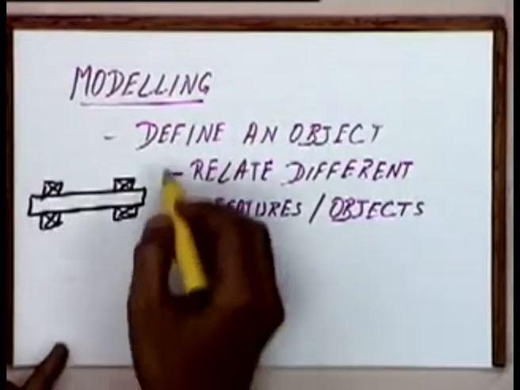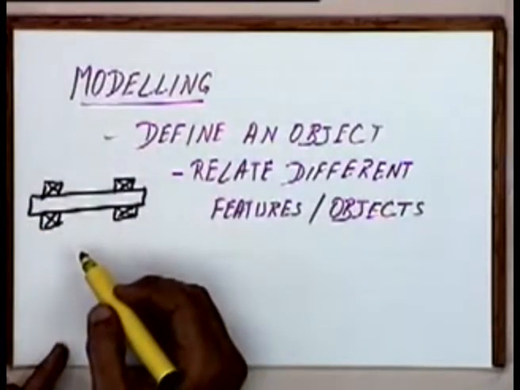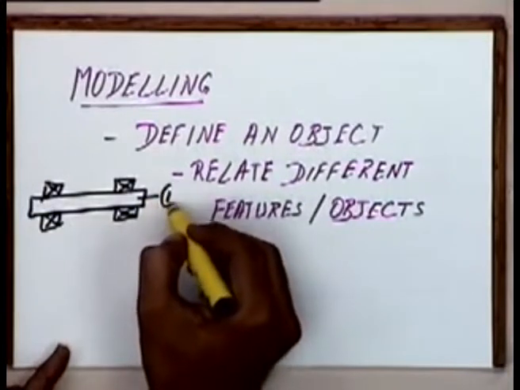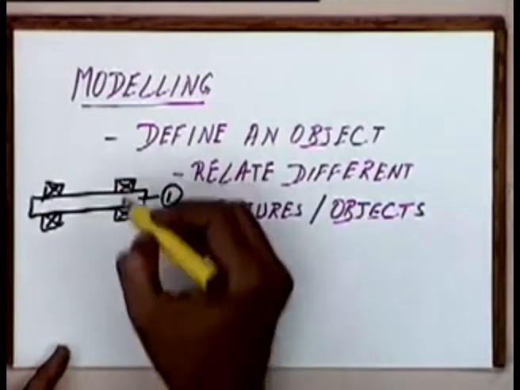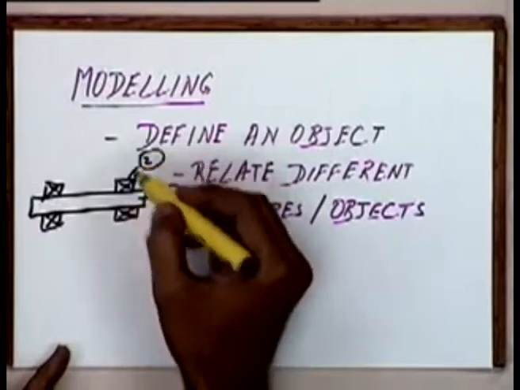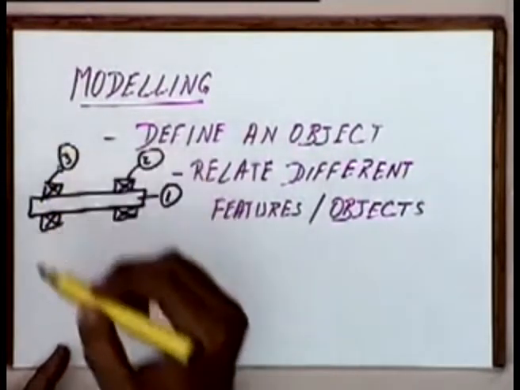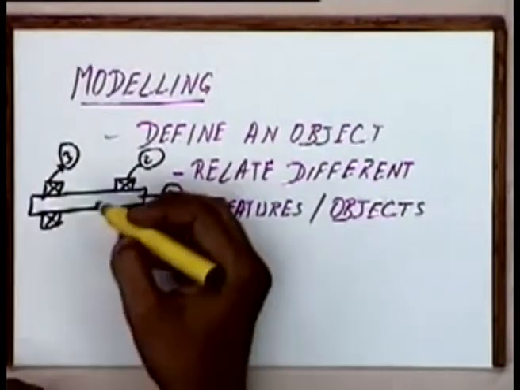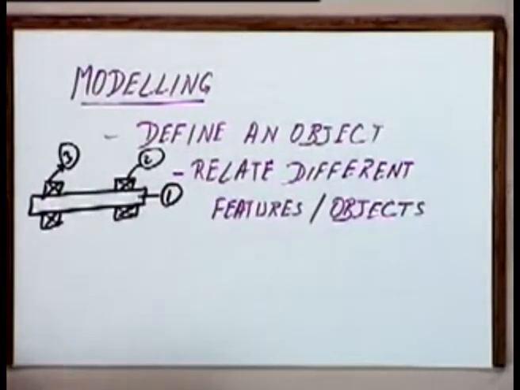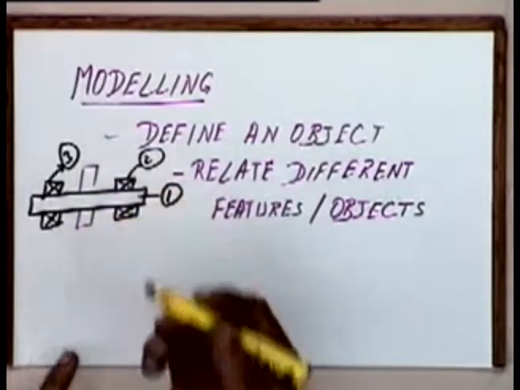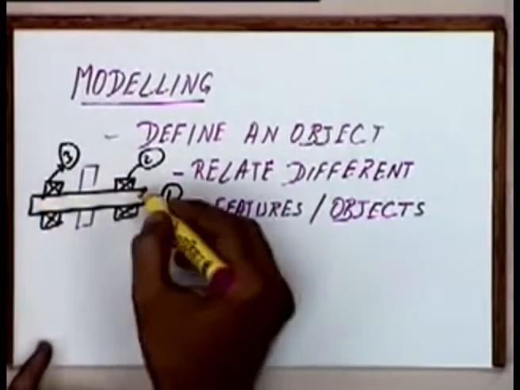When we want to model this complete system, we have to define this shaft as one object, this bearing as a second object, and this bearing maybe as a third object. And in addition to that, there might be some mountings on it. Maybe there is a gear here or a chain and sprocket or something like that, and something else connected on the other end.